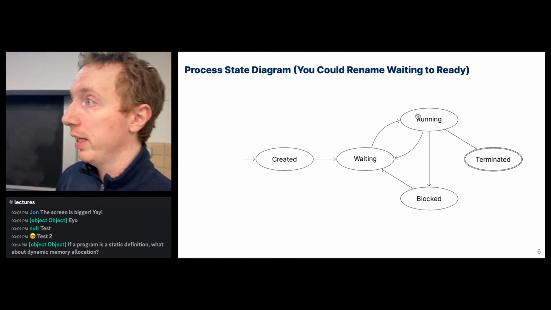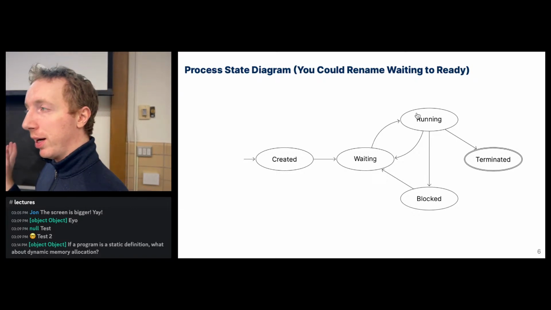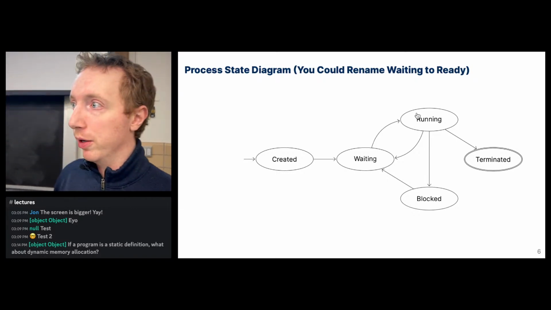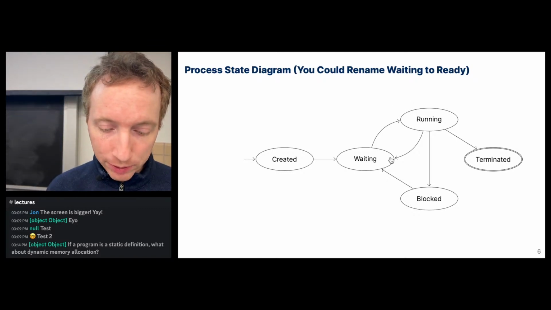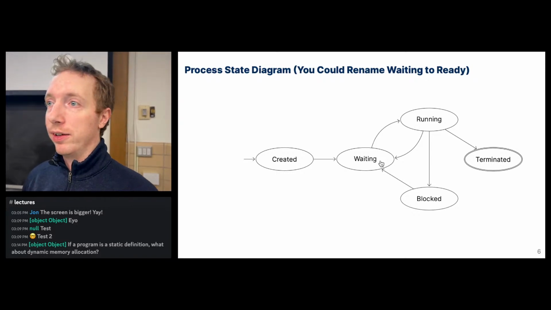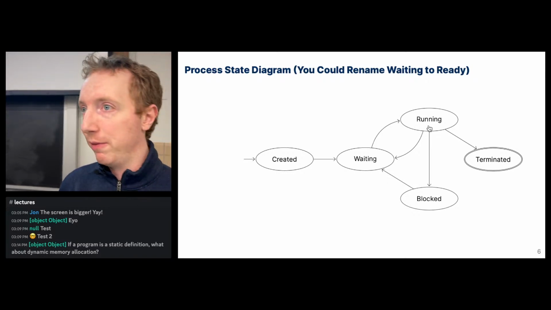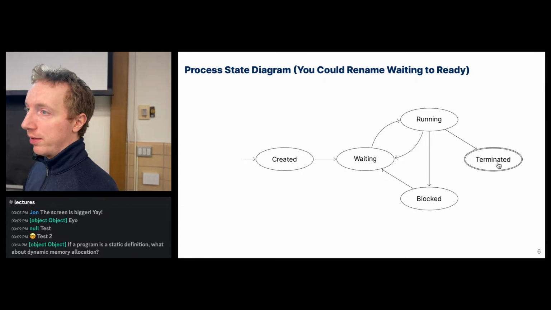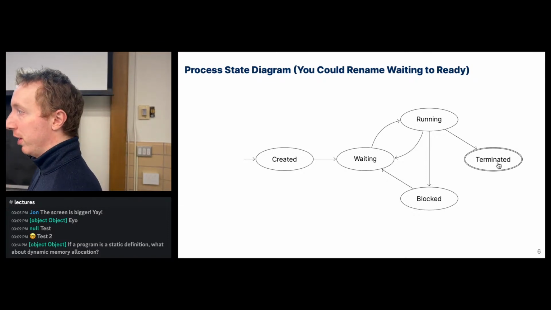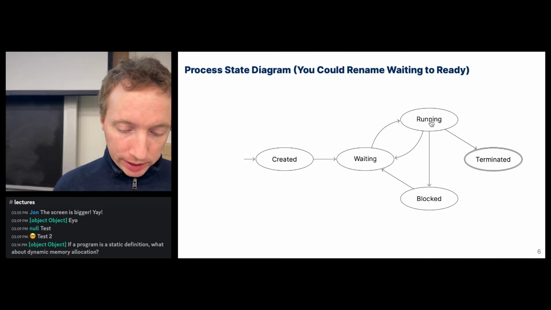Eventually, once you're in this running state, the operating system, through some mechanisms we'll see in a bit, will say, hey, your turn is done, and then kick you off into the waiting queue again until it decides you get to run again. Now, sometimes you might see this other arrow from running. If you call something like exit group, you'd be in this terminated state where your process is done. It can't execute anymore, so the operating system can go ahead and hopefully clean it up.